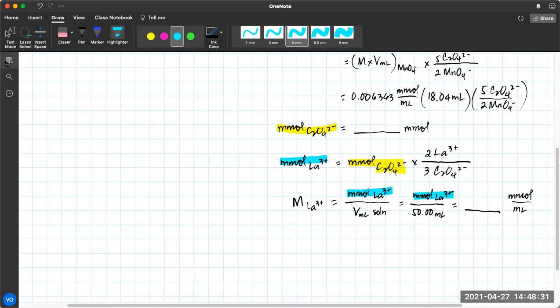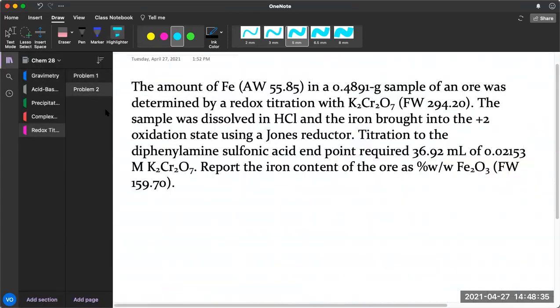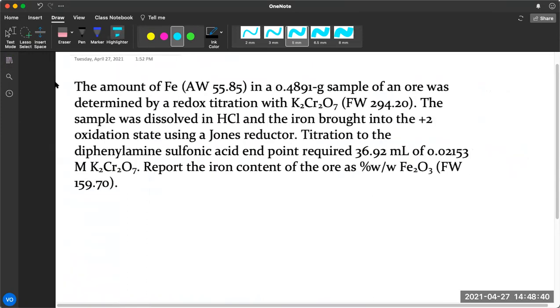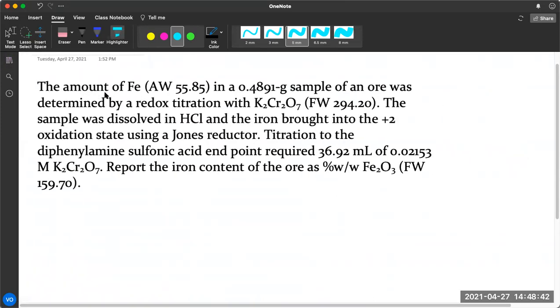Okay, now let's try another problem. This problem involves calculation of the iron content in ore. The amount of iron in a 0.4891 gram sample of an ore was determined by a redox titration with dichromate.